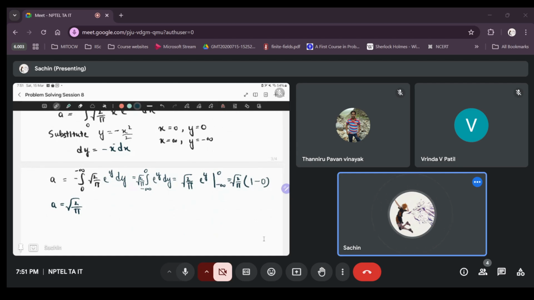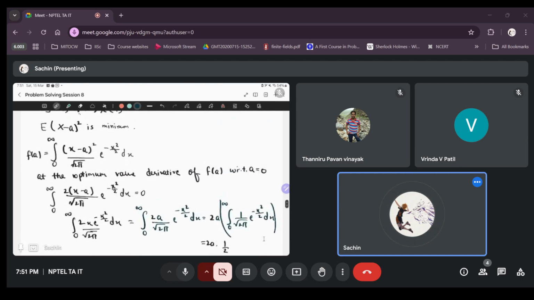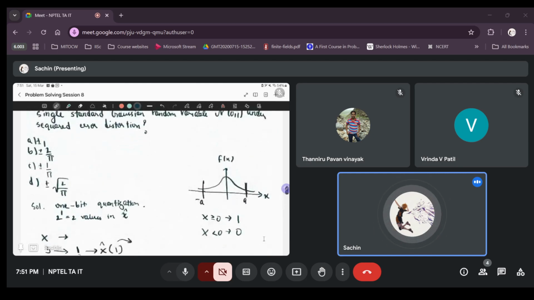This is the case for a normal distribution with mean 0 and variance 1.